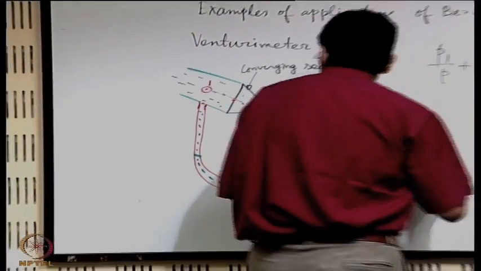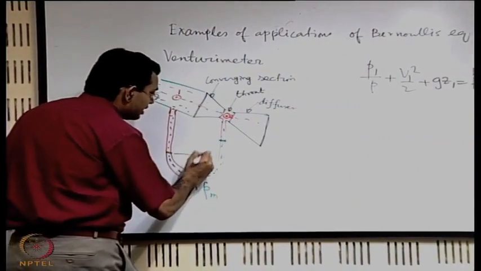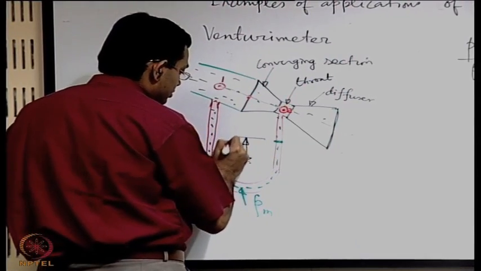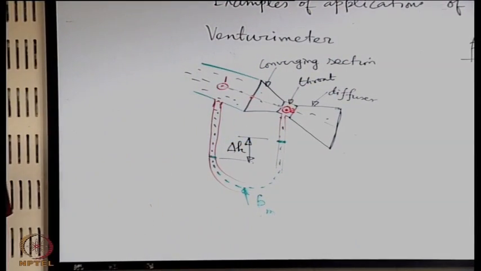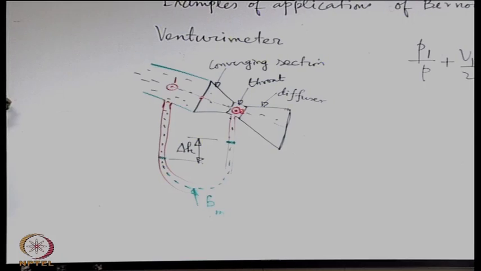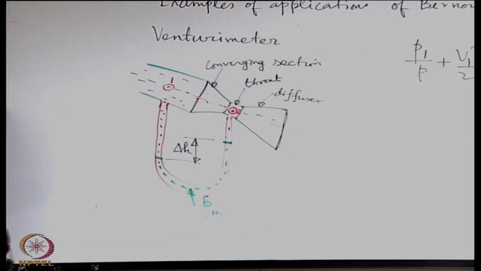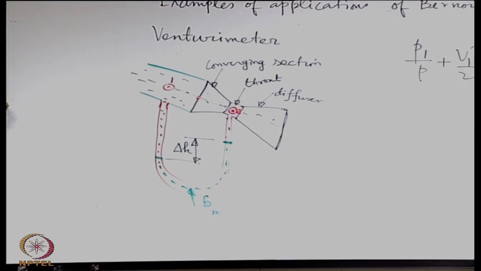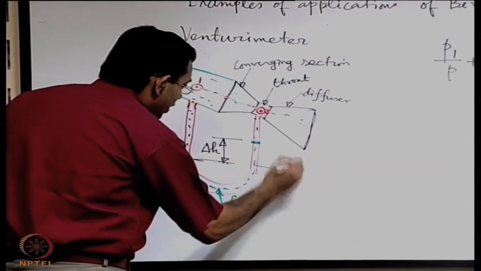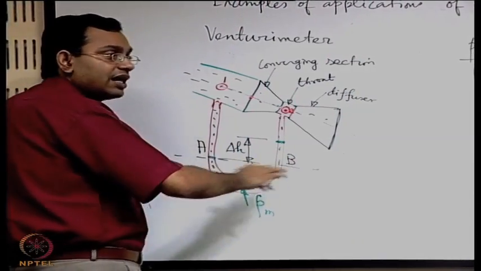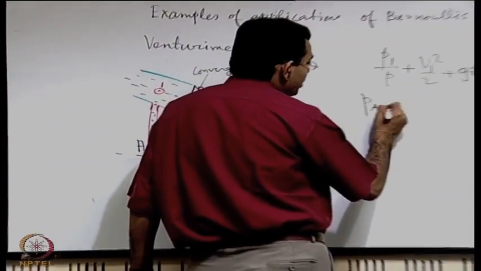Let us say this is the difference in height that we measure, equal to delta H. So when you measure this height delta H, then from that delta H it is possible to write the equation of the manometric principle, that is you can write that if you have 2 points A and B at the same horizontal level, you have PA equal to PB.